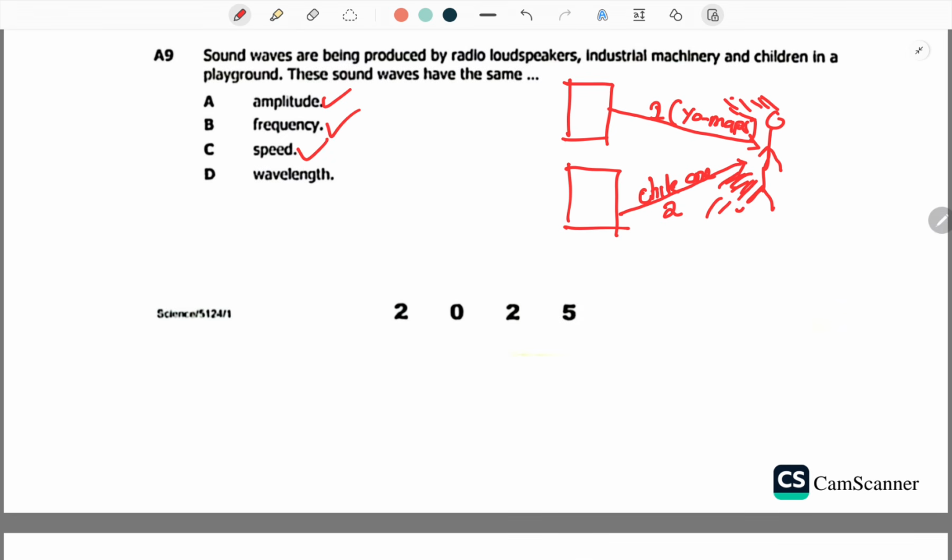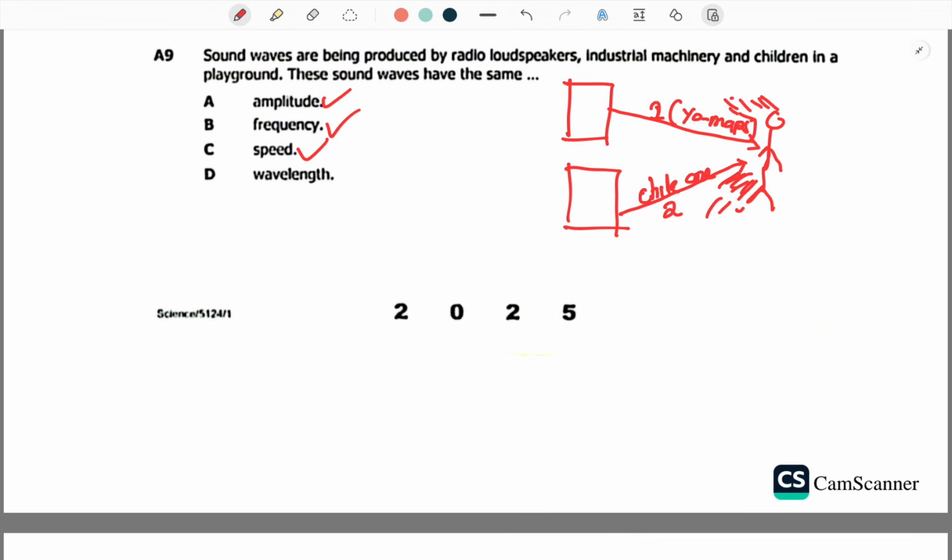The frequency is going to be different too. Using the same concept, one is going to be louder than the other. You might be hearing the speakers so much compared to the children. So it will be different. The wavelength will be different also, because frequency and amplitude are different.